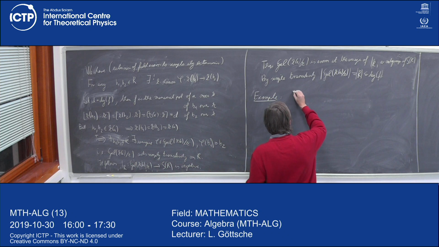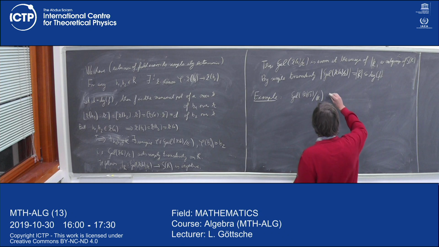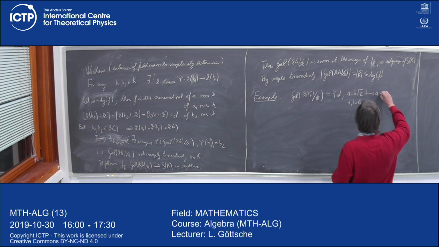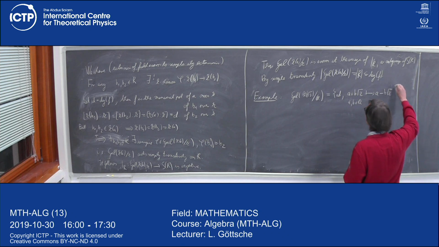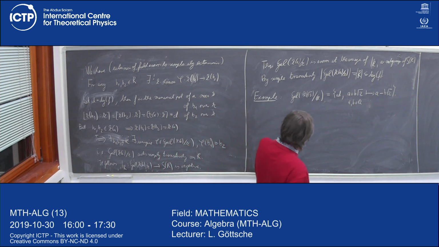If I take, for instance, the Galois group of Q(√2) over Q, I claim this consists of the identity and the map which sends a + b√2, with a and b in Q, to a - b√2.